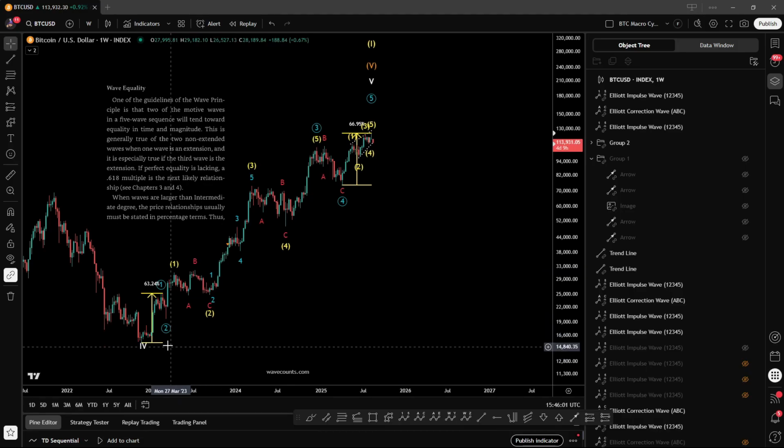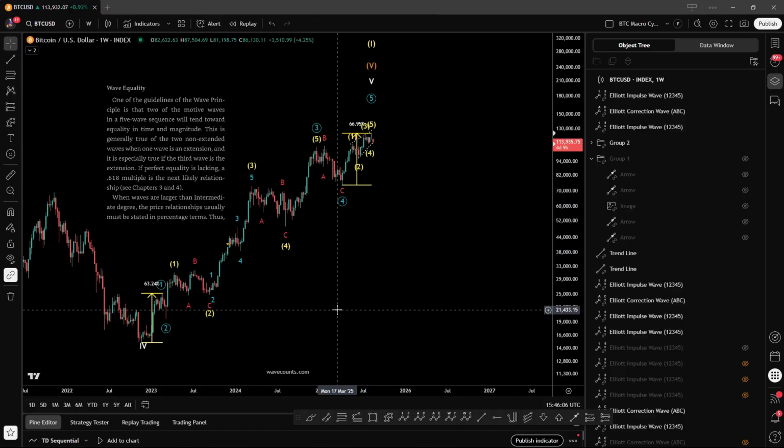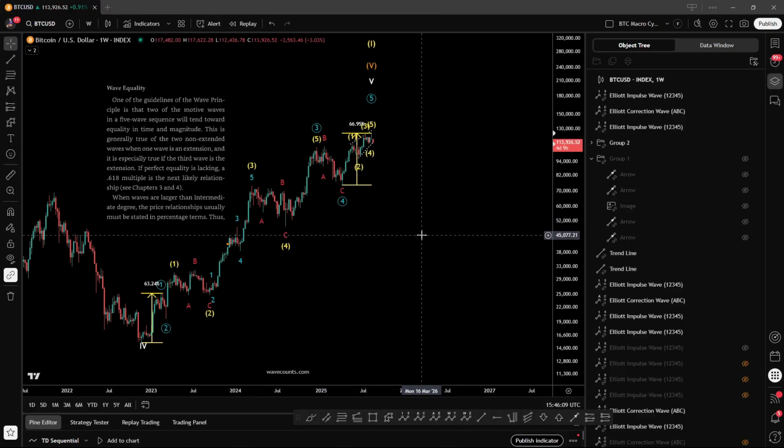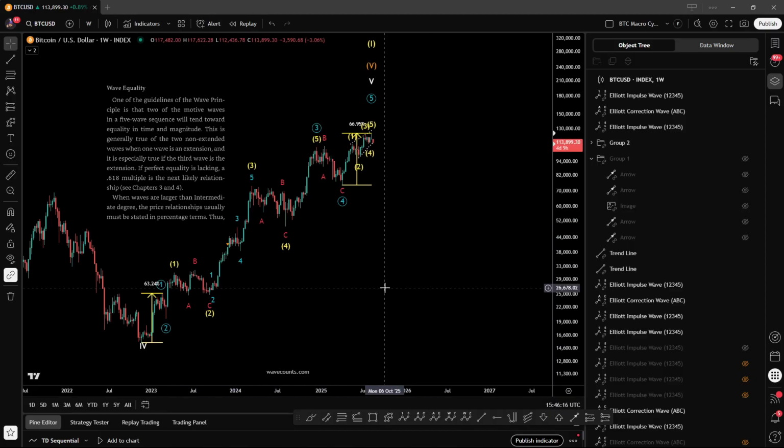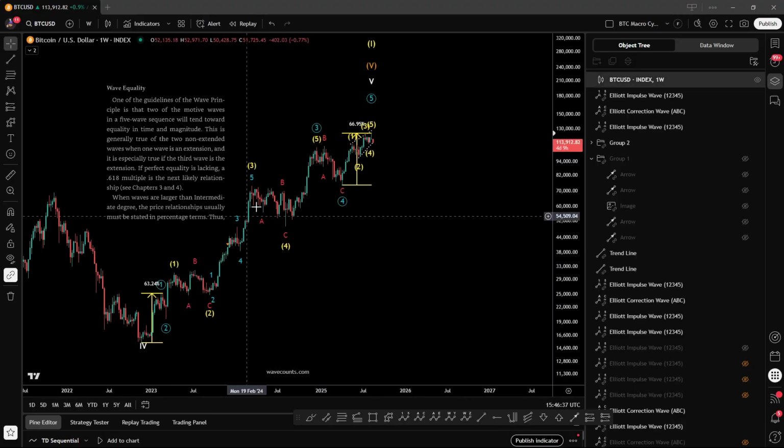Okay? This is, hey, is this about equal? And I would say, and I hope you would say, if you look at it and say, yeah, that's about equal. If you say, oh, I gained 63% and I gained 66%, that's about the same, isn't it? That is roughly equal. So now we have an impulse wave that meets all the rules and several guidelines, including subwaves meeting guidelines.